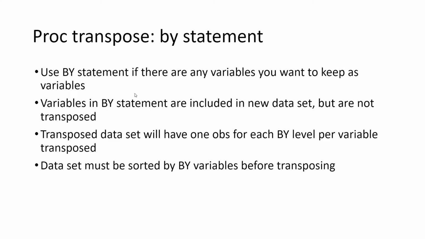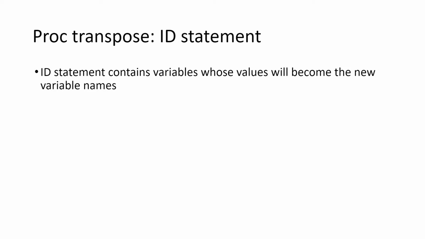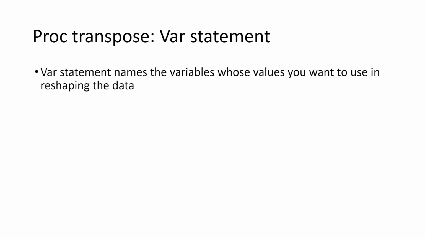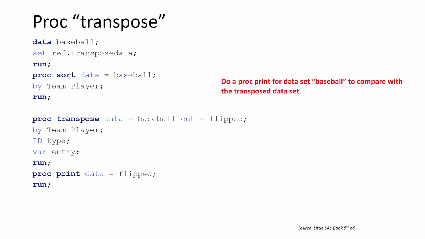And the data set must be sorted, of course, by that by variable before you transpose. And the ID statement will contain variables whose values will become the new variable names. So the VAR statement is the values that are throughout the data, and those will be important when you are reshaping the data.